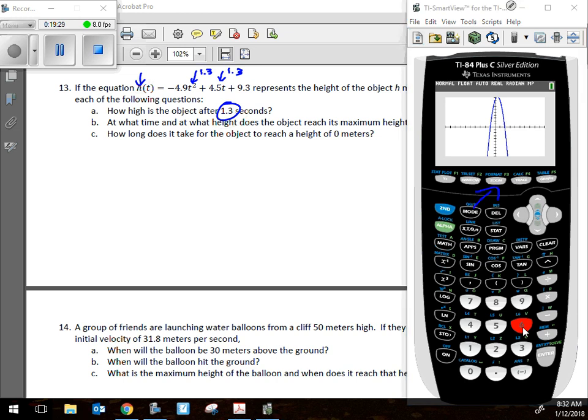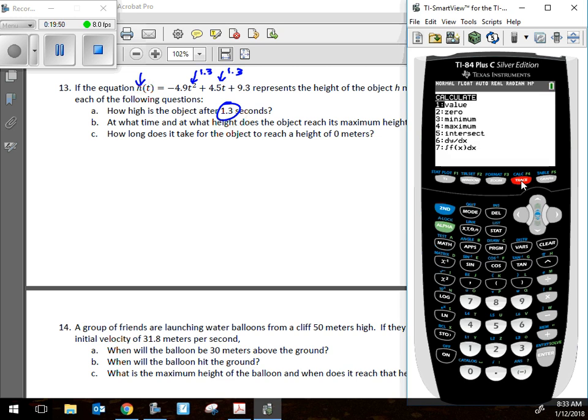And then does anybody remember where all these calculation things are done? Yes, second calculate. It's right above trace. See that little word calculate right there? So, second trace, which brings you to the calculate menu.